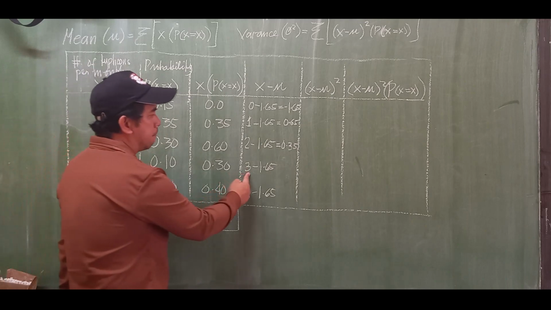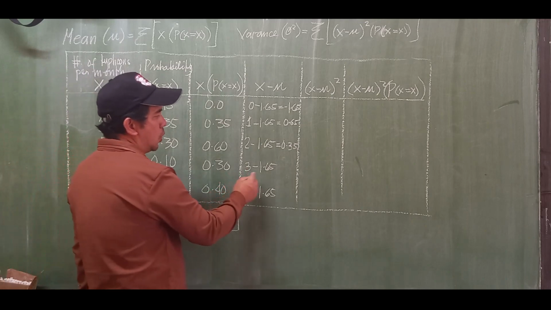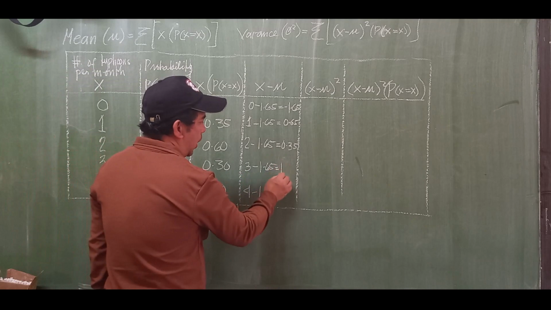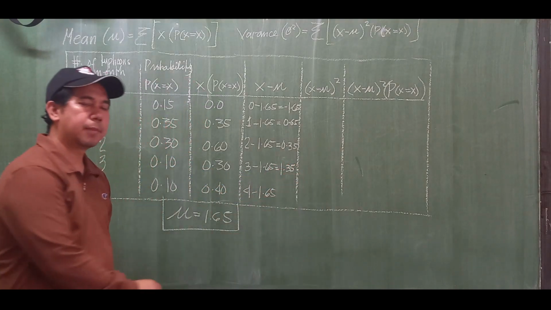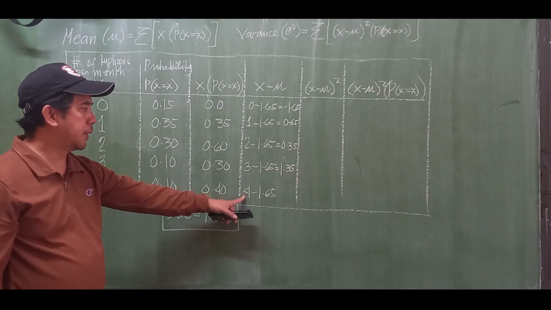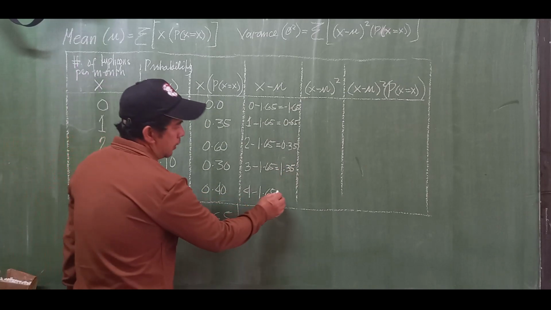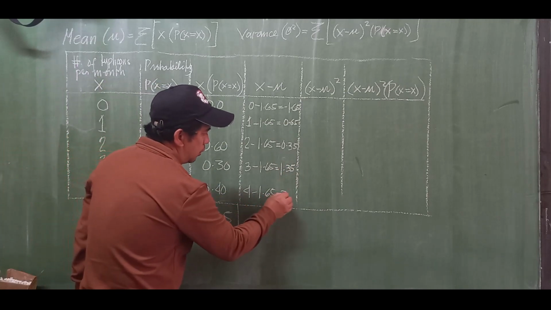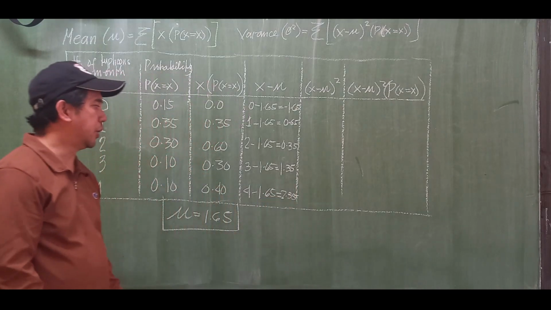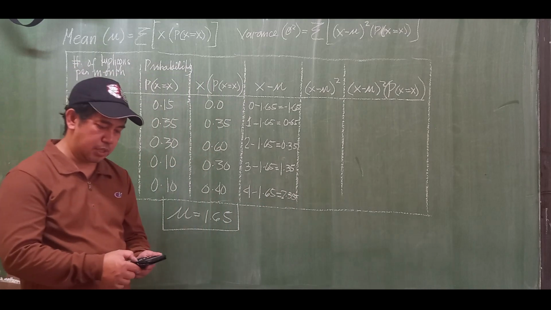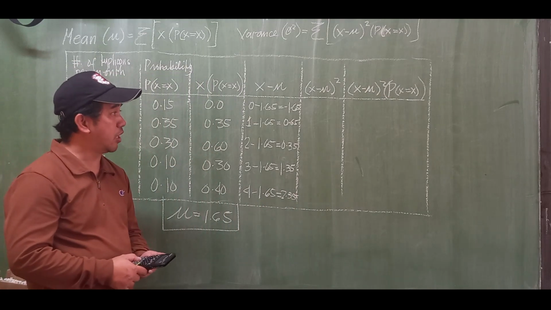What about this one? That is equal to 1.35. And what about this one? That is 2.35. So that is the same as using the table.